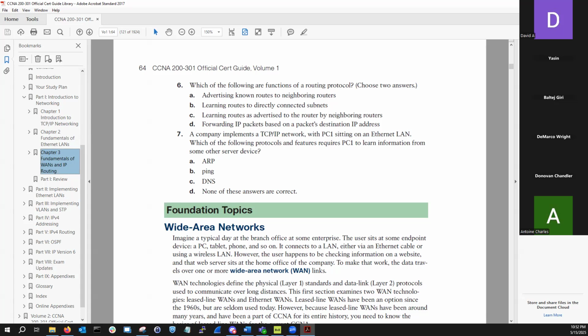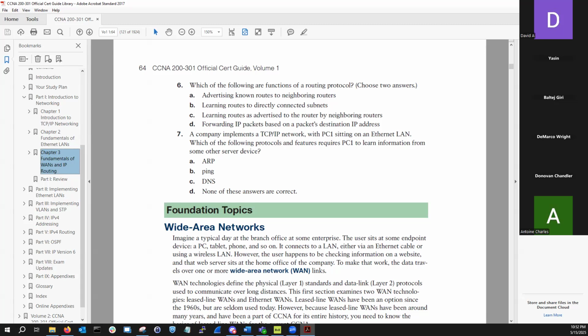If I'm using ARP, am I reaching out to an ARP server? No. Okay, so A is incorrect. If I'm using ping, am I reaching out to a ping server? No. So B is incorrect.